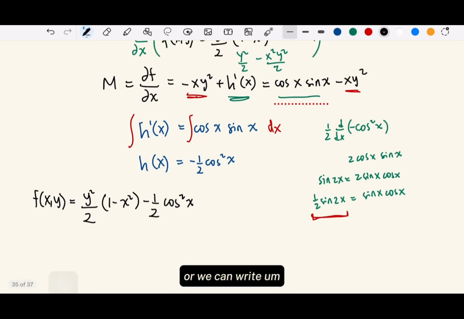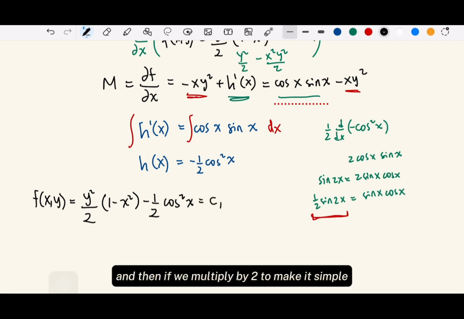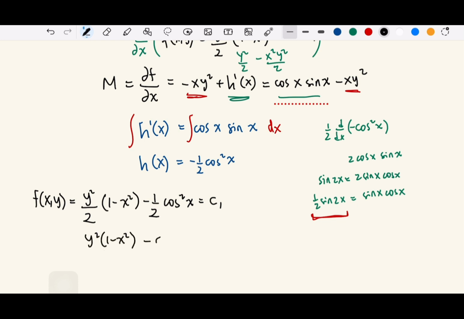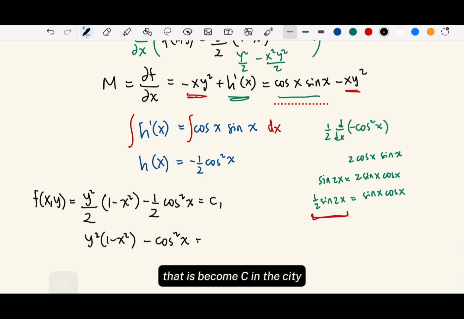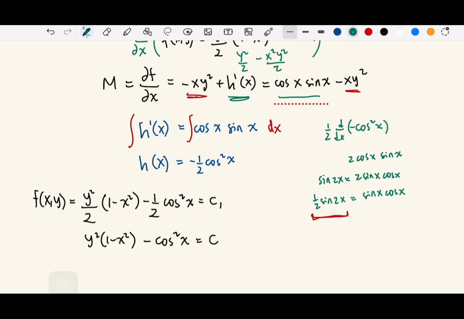Or we can write, let's say if this is equal to c1, and then if we multiply by 2 to make it simple, let's say it becomes c. Let's say c is 2c1.